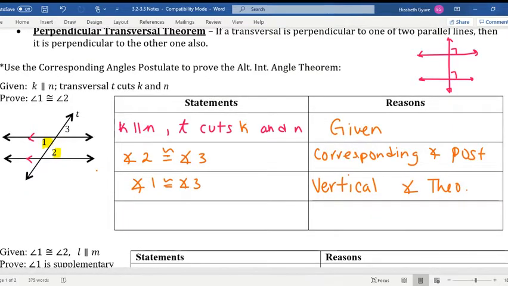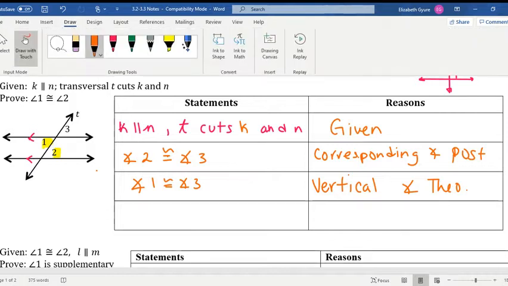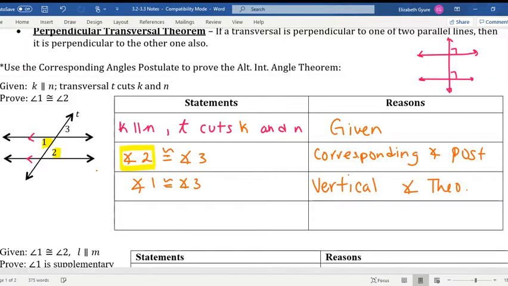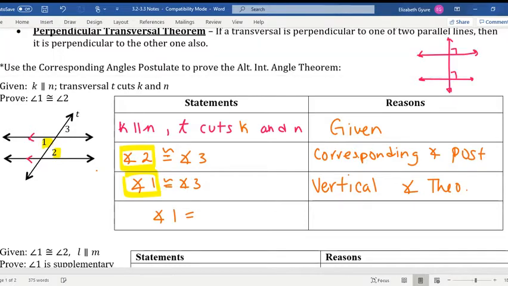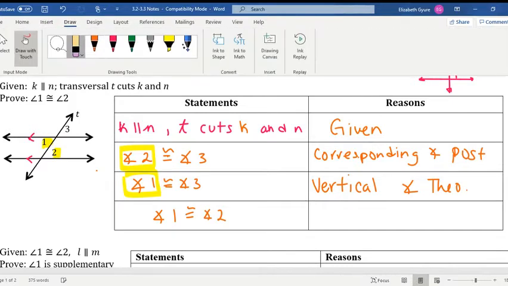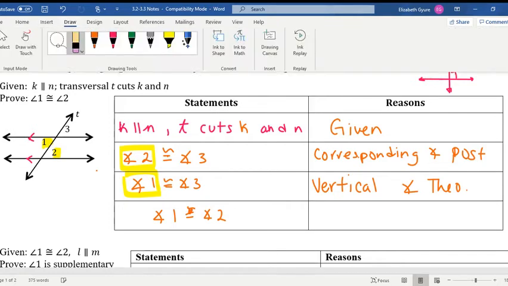Okay. Now, where could you think we could go from here? We have that angle 2 is congruent to 3, 1 is congruent to 3. Lucas? Absolutely. Yeah, we can now conclude that angle 1 and 2 are also congruent. Good. So angle 1 is congruent to angle 2. Anyone remember what property lets you do that?